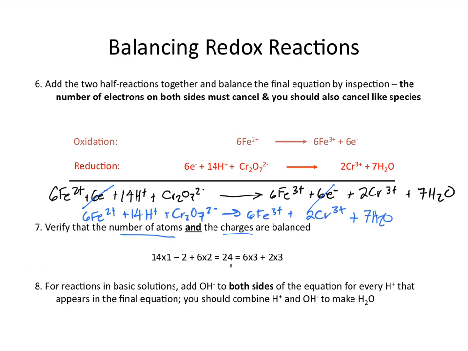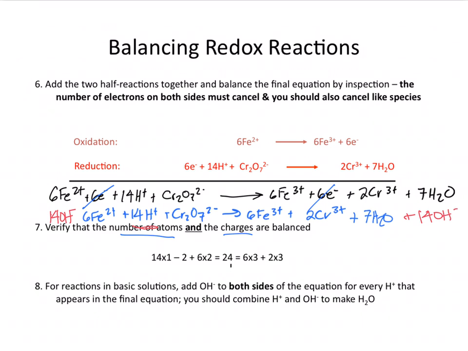I need to add hydroxide ions to both sides of the equation, the number that counterbalances the H pluses that are present. In this context, I'm going to add 14 hydroxides because I have 14 H plus ions. So 14 OH minus to one side, 14 OH minus to the other side.